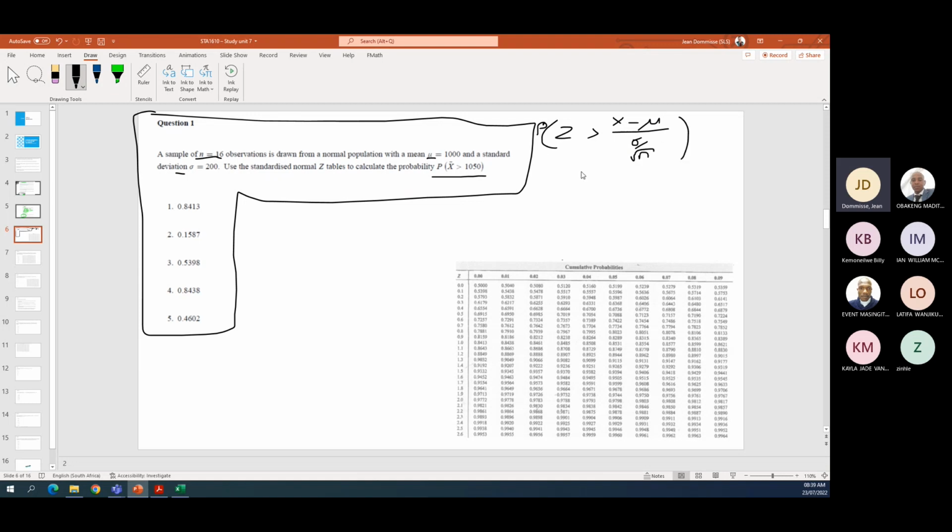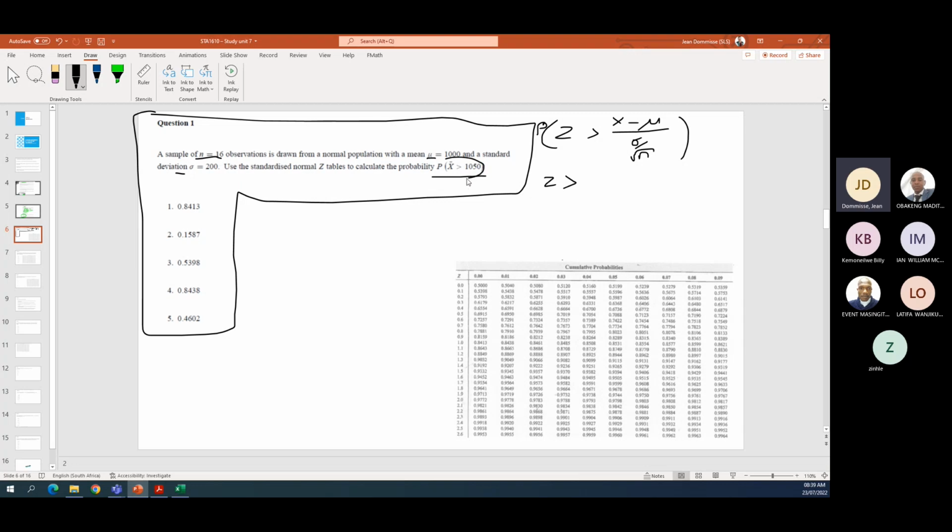So this is basically where we start off with. The formula is the one that I shared on slide 4. So now we see what we can replace in this. So let's just copy that over.